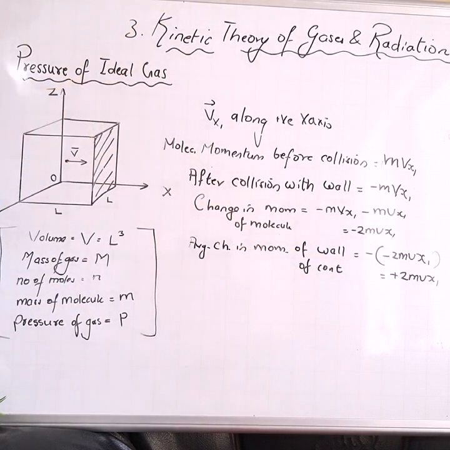wall of the container. Now by Newton's second law, the rate of change of momentum is directly proportional to the applied force. So if you want to find the force applied on the walls of the container, you have to find the average change in momentum.